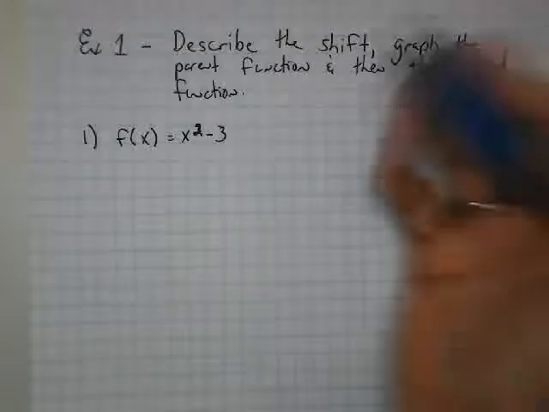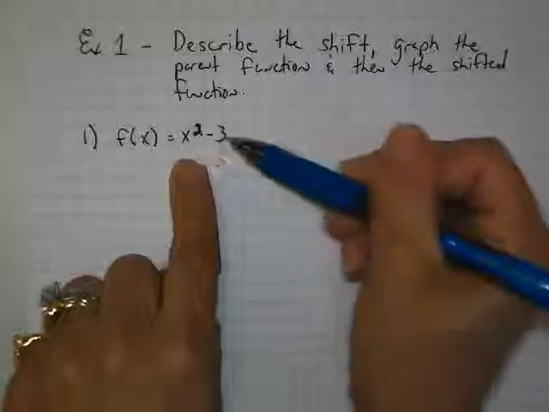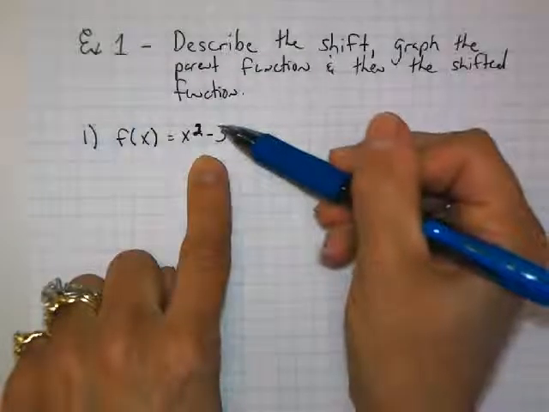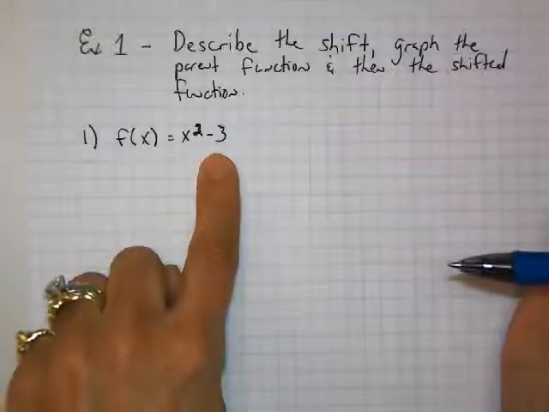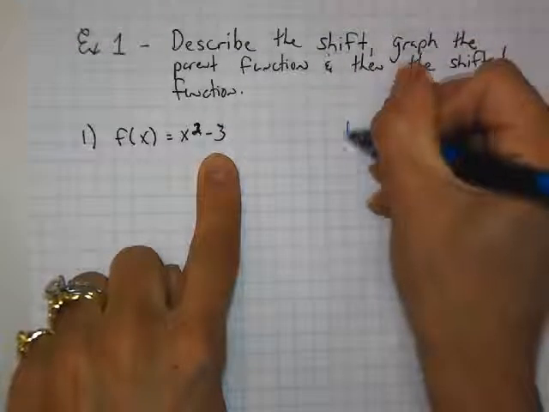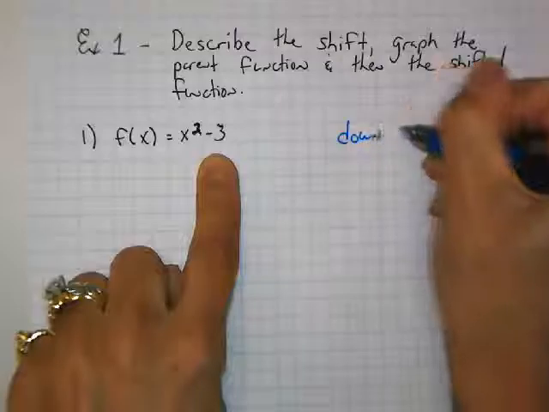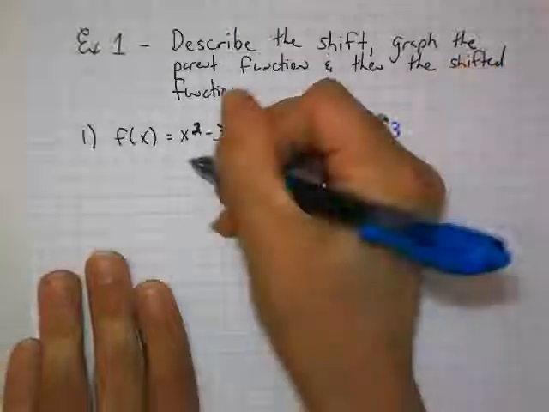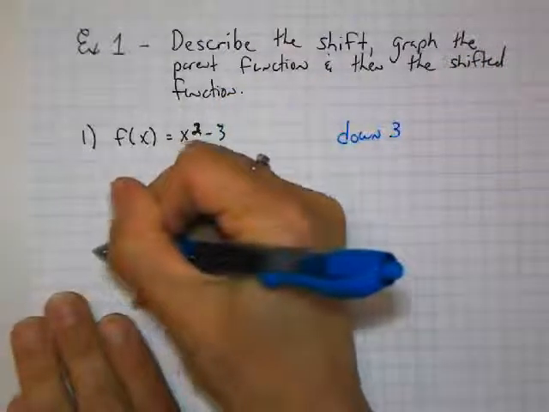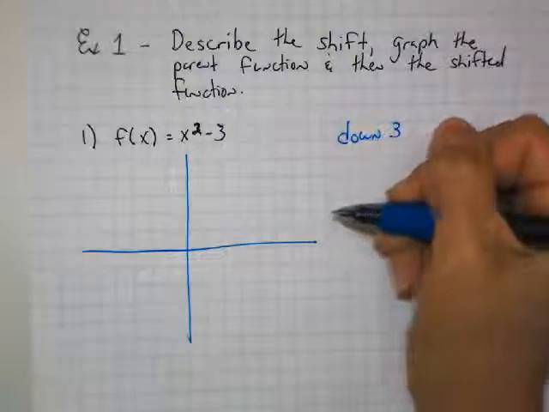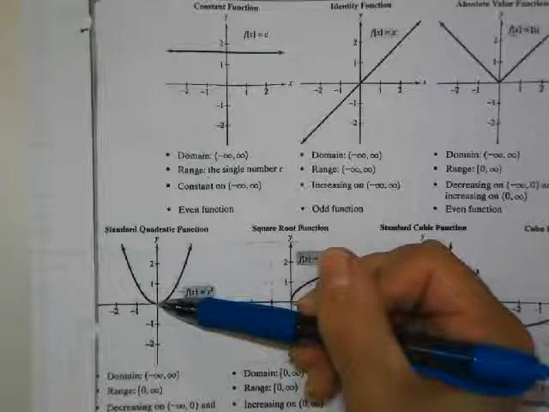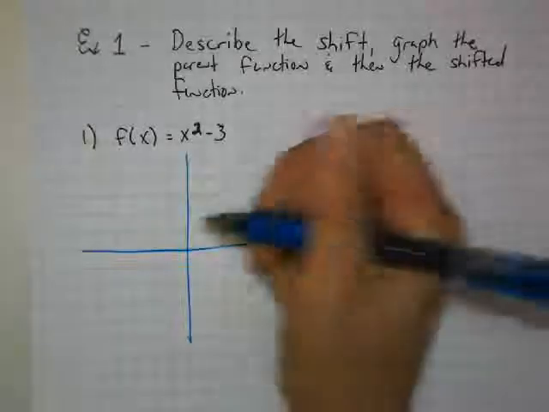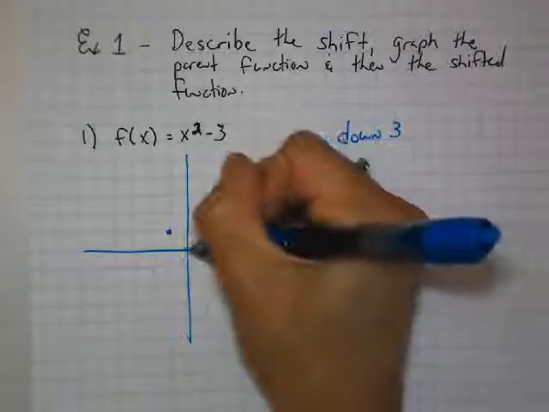In this case, the constant is tagging along. So he does exactly what I think he should do, and it's a vertical movement. So it's going to go down 3. I'm going to sketch my graph. I know that the parent function has points at -1, 1, 0, 0, and 1, 1.